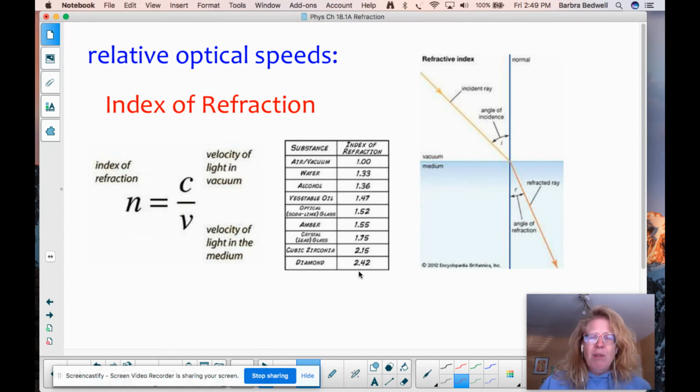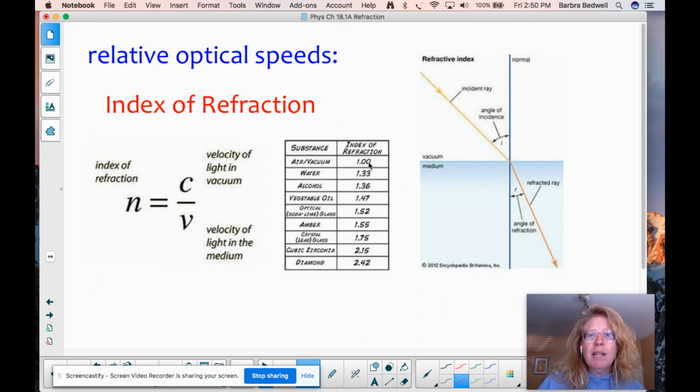I don't think you ever really see it much above 2 to 3. Diamond has a pretty heavy-duty index of refraction for typical transparent materials. There are some things that are higher, but not in a common circumstance. So your indices of refraction are oftentimes between 1 and like 2.5, a really common range. So again, the bigger the number for the index of refraction, the slower the speed in the material.